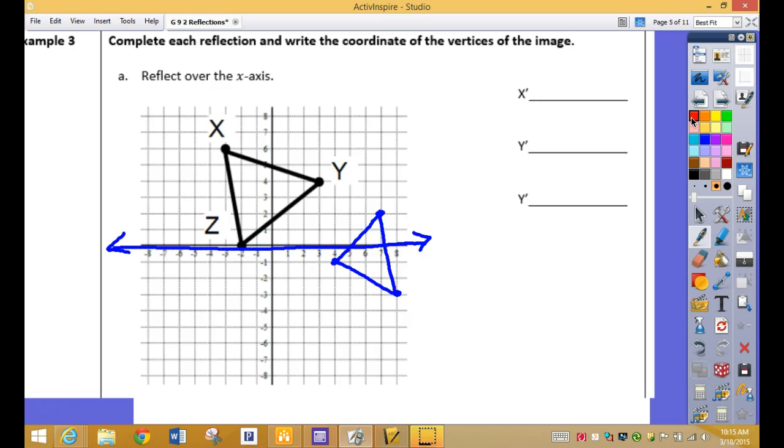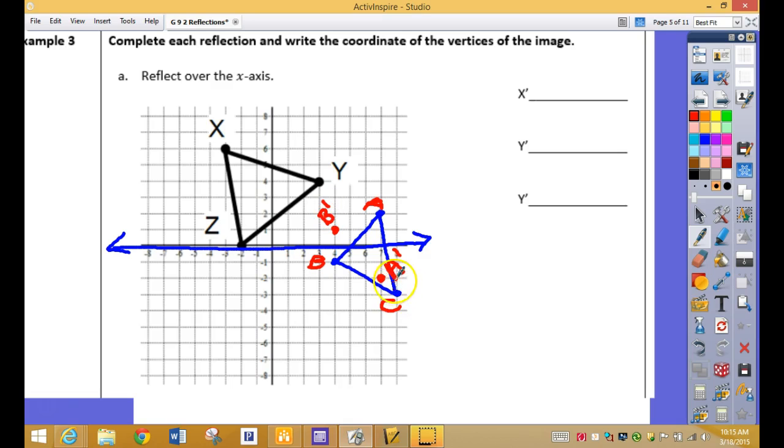Flip it. So if this one needs to be reflected over the x-axis, I want to flip it on the x-axis. So how many units am I from the x-axis? We'll call this one A, B, and C. So 1, 2. So my new A prime will be 1, 2 down here. We label that A prime. B, you're 1 this way, so you go 1 that way. Here's B prime.